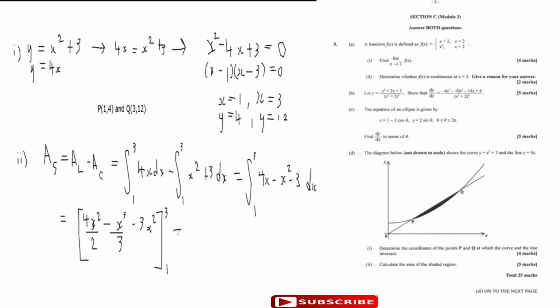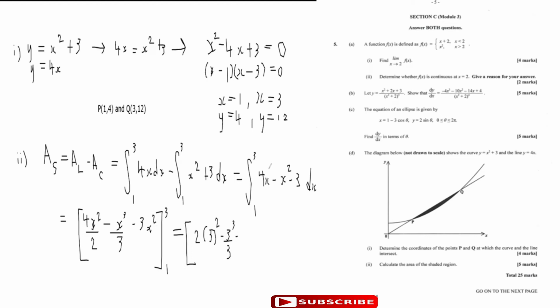All right, so go ahead, substitute x equals 3 in the equation and see what we get. So we're going to plug in x being 3, 4 over 2 is 2, and so we'll get 2 times 3 squared, minus 3 cubed over 3, minus, why does this have a square right here?